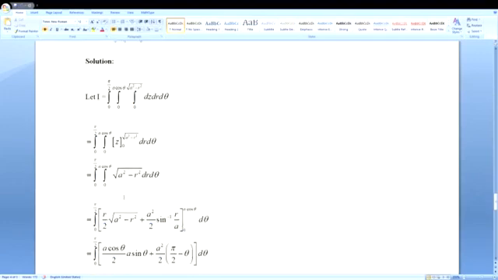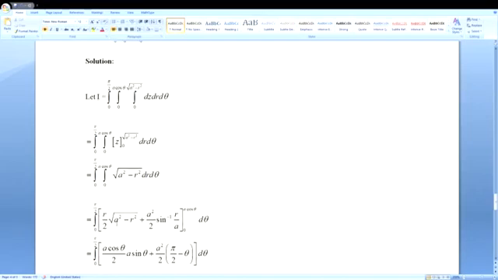And then the integral of root of a square minus r square is r by 2 root of a square minus r square plus a square by 2 sine inverse of r by a. Limit is 0 to a cos theta. Apply the limit: a cos theta by 2 into root of a square minus a square cos square theta.